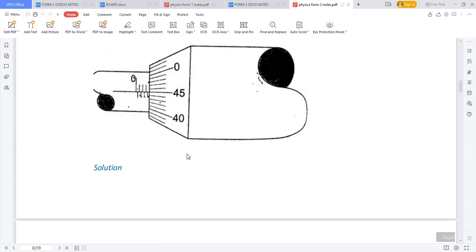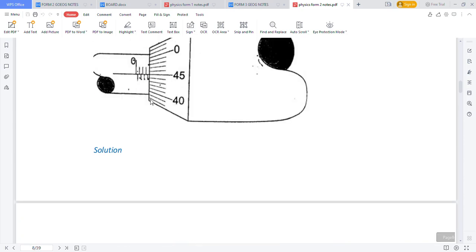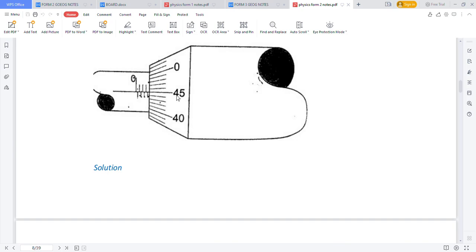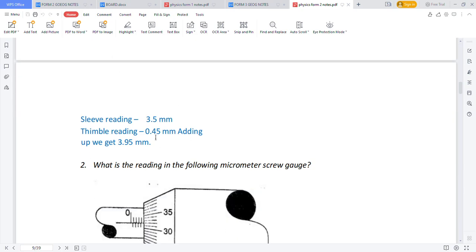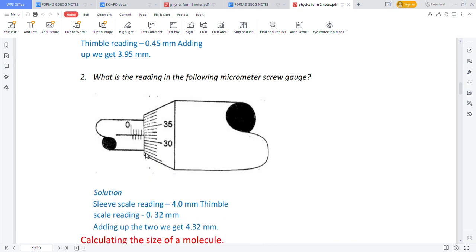How is 3.5 millimeters coming? You have 0, then 1, 2, 3, then this one here, 3.5 millimeters. Then it is coinciding at 45, so you multiply by the accuracy, 0.01, and you get 0.45. Then you add this plus this, and you get the reading.